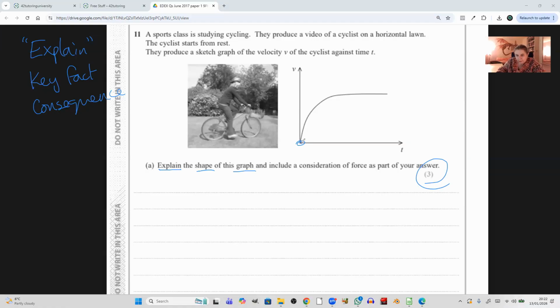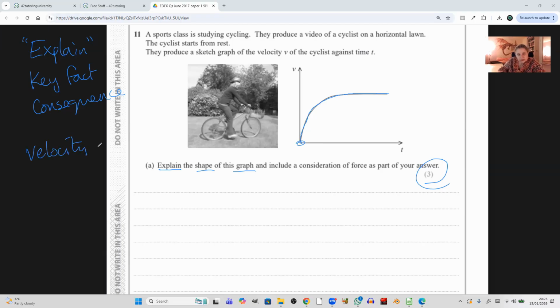So what is happening with time to the velocity? Well, the velocity is increasing to begin with. Then what happens? Well, then it plateaus and it gets to a constant velocity.